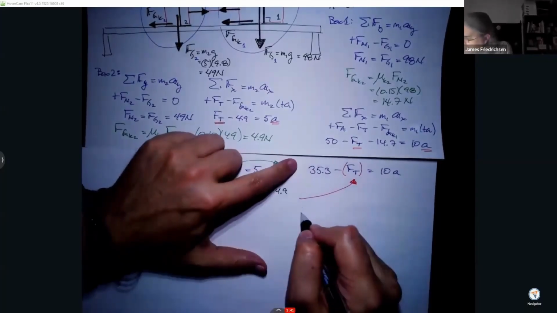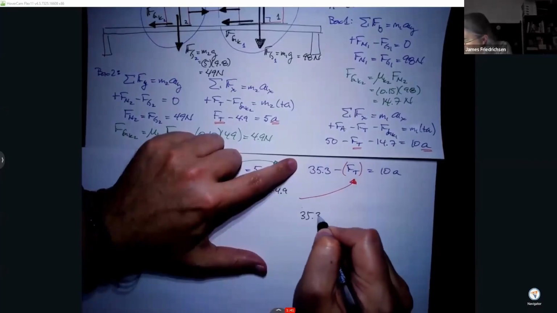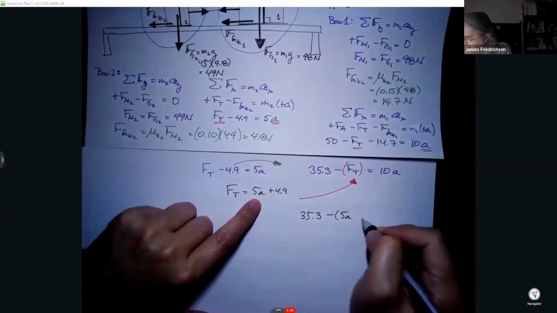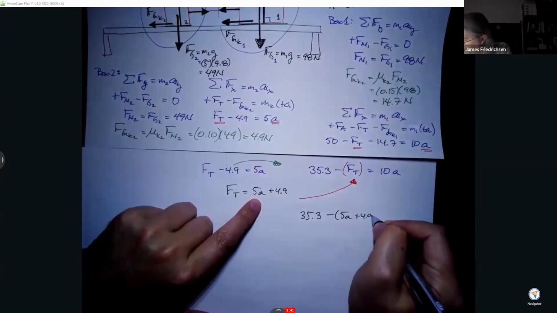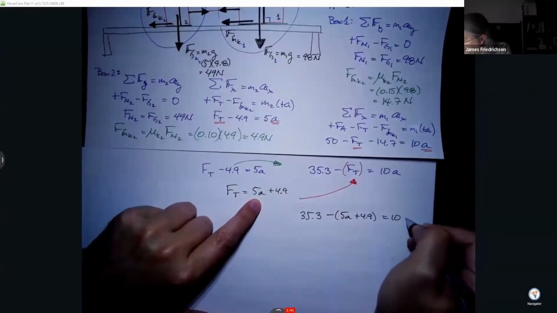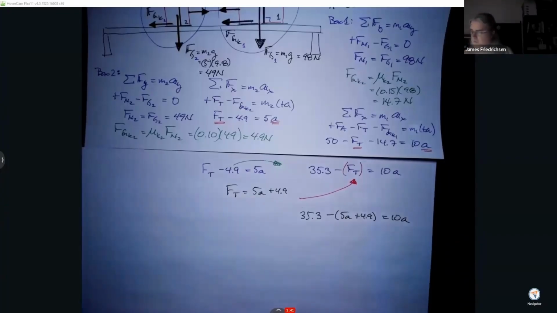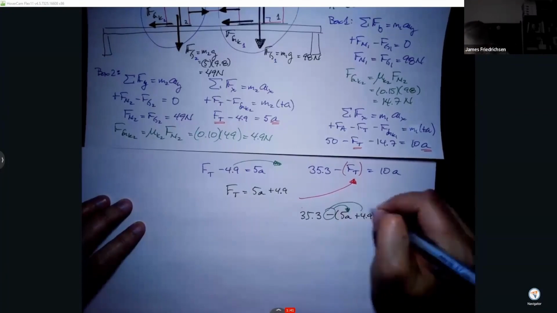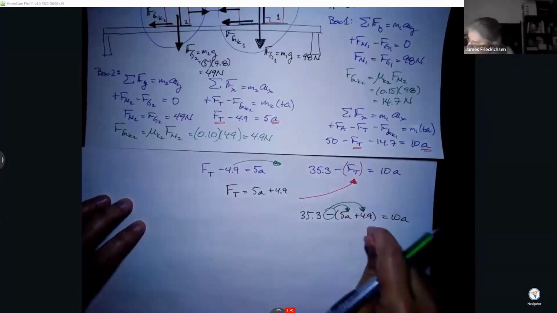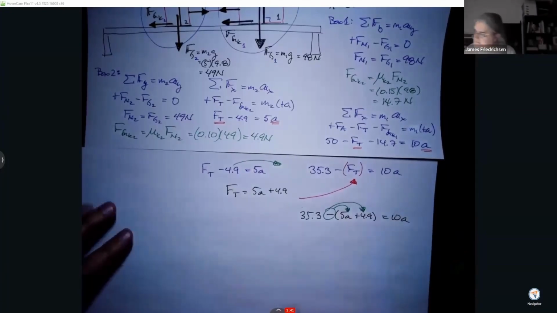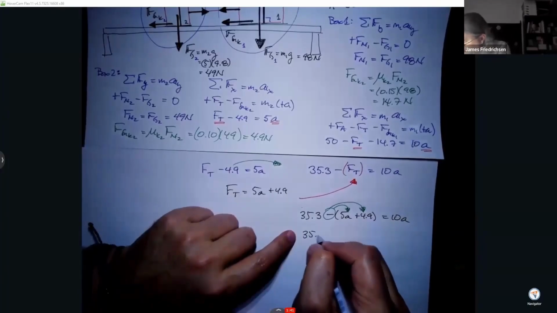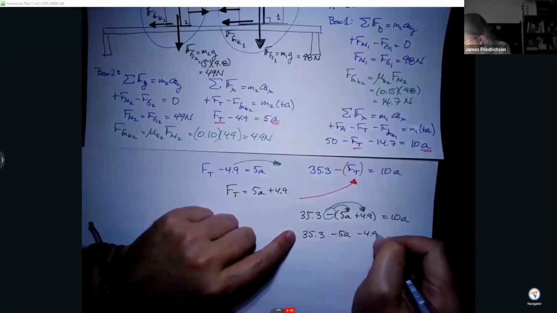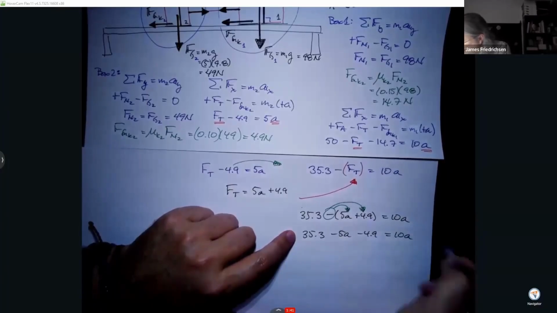And what I'll get is 35.3 minus, and then that is 5a plus 4.9, equals 10a. And now I need to distribute this minus sign to both of the terms. Don't forget that second term with the minus sign. 35.3 minus 5a minus 4.9 equals 10a.